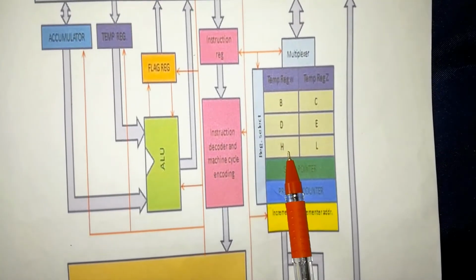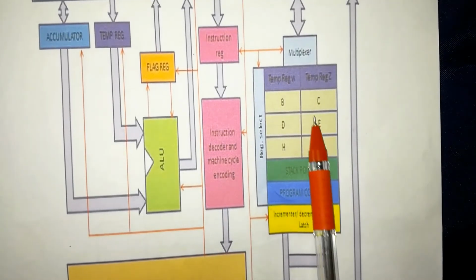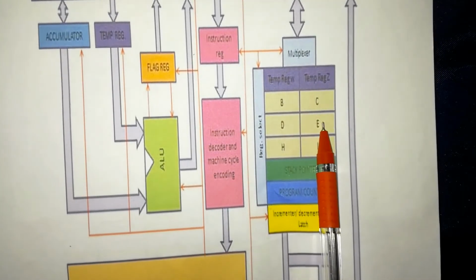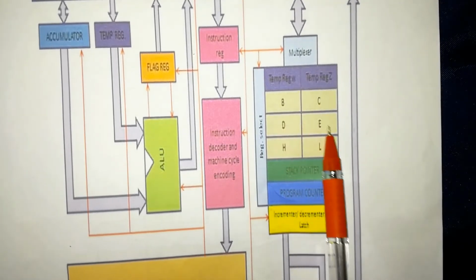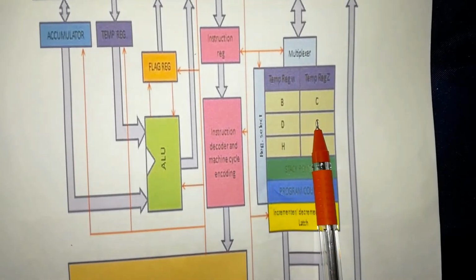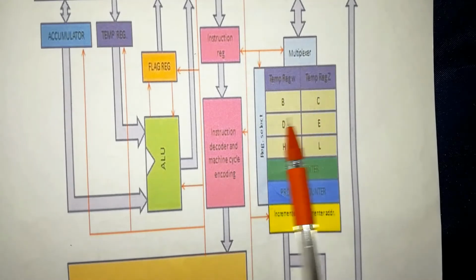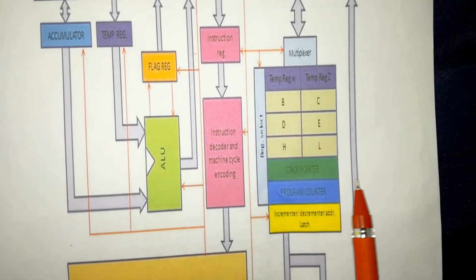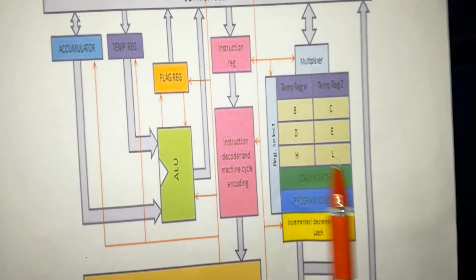Same is the condition in H and L. And the pairing must be BC, DE and HL. Not like B with E, D with L, H with C. So this is not proper pairing. Compulsory the pairing must be BC, DE and HL. So this is in short about general purpose register and special purpose register.